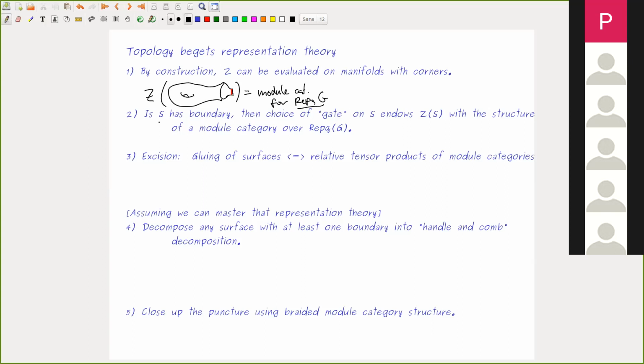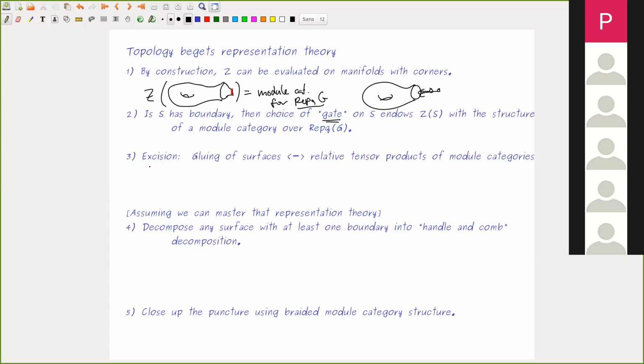This little red bit here, I've called a gate, and another equivalent way to think of this picture is that I can insert little disks in here. I can just start packing disks in through this gate that I've opened, and that endows the surface with the symmetry, which is the representation of rep QG.